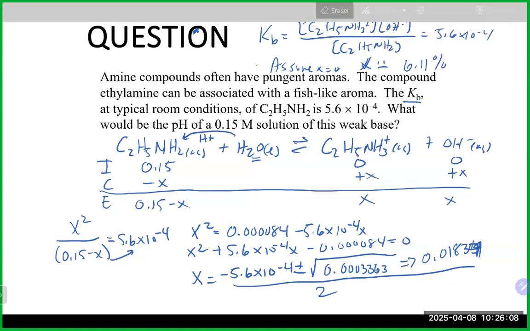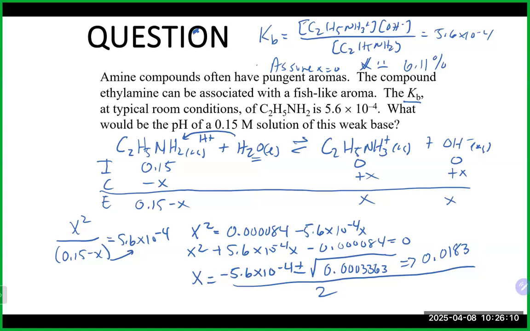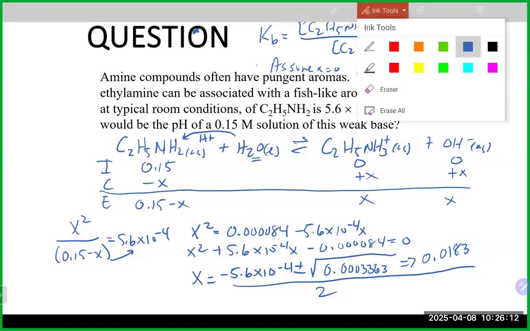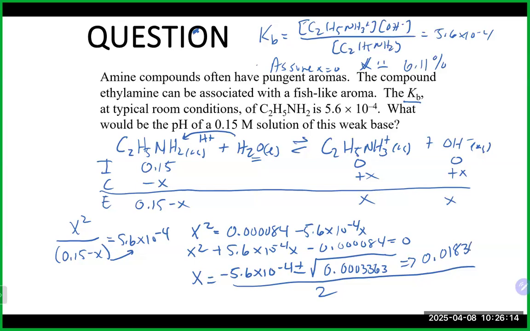That obviously, like normal, is going to give us a couple of values for x. We'll do the adding first. Negative 5.6 times 10 to the minus 4 plus 0.01834, divided by 2, is going to give us an x value of 0.00889.